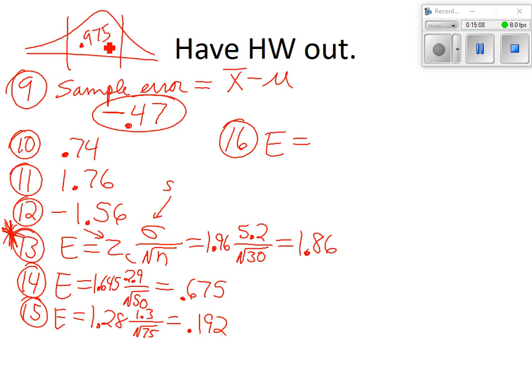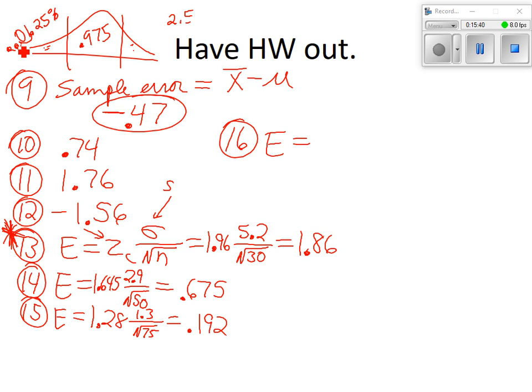How much is left for the two tails? 2.5%. 2.5%, so what's going to go in each tail? 1.25%. And change that to a decimal, so it'd be 0.0125. We looked that up on here.